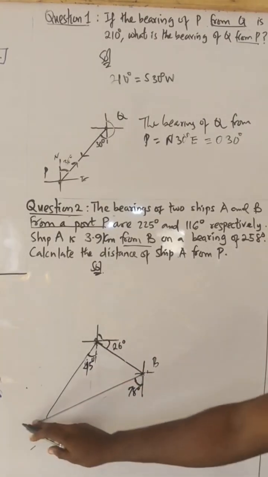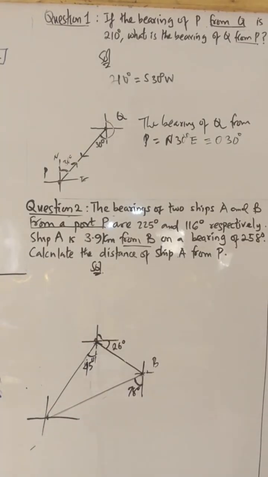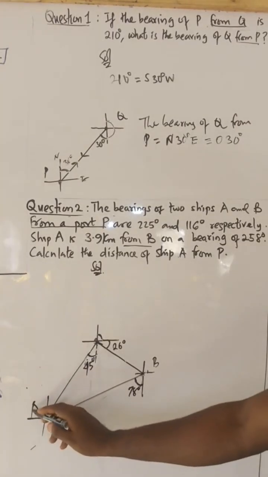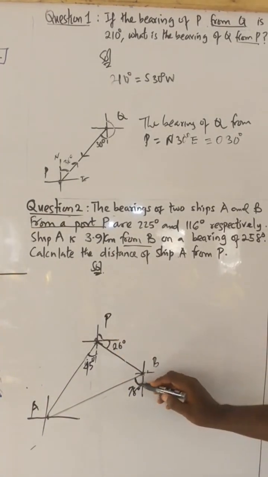This is now our point A. This is point A. This is the port P. This is point B. This angle here is 78.